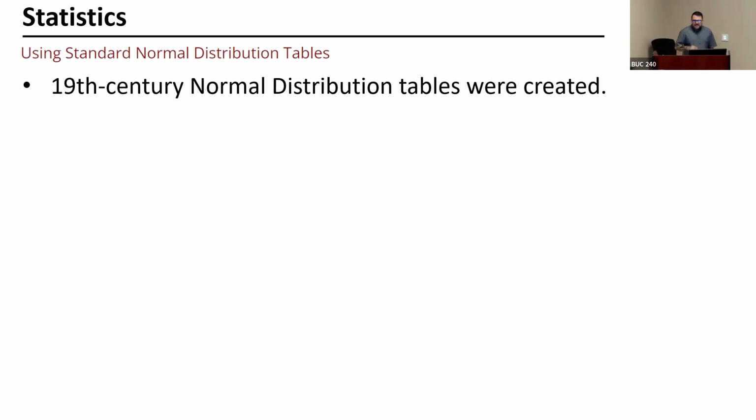The nice thing is you do have tables. If you brought your book today, and I brought mine, you'll notice you have tables right here at the very front of your book. Some people like using these tables more than their calculator, and that is totally fine because sometimes the tables are faster. For your final, I do provide you the table.